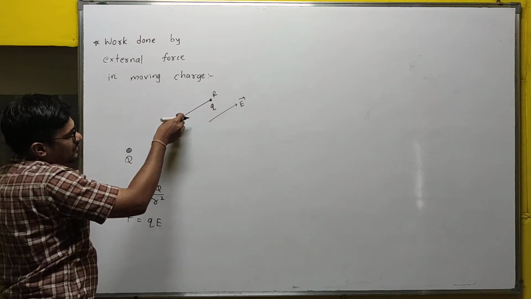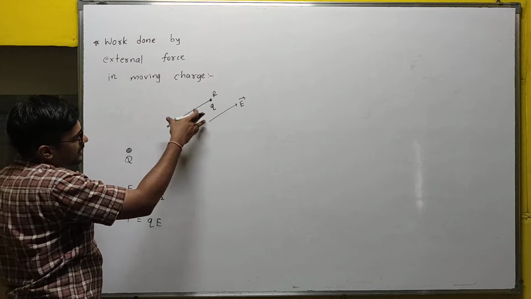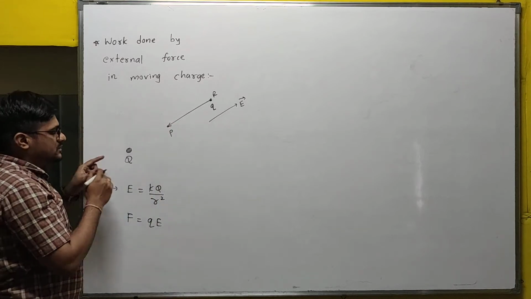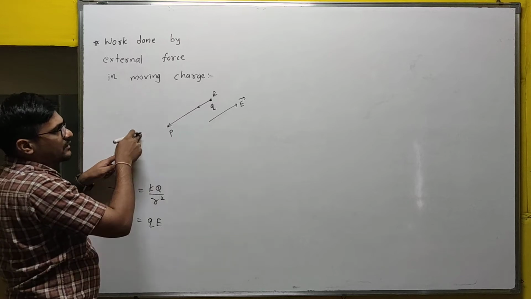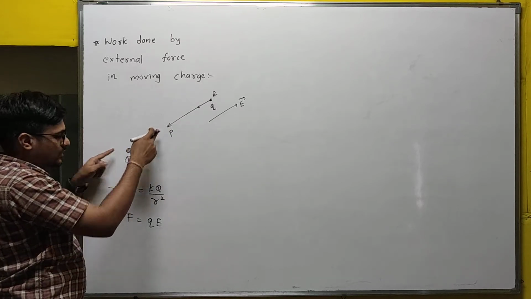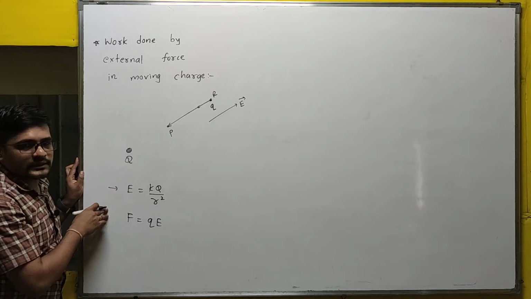Now in this part from R to P, the electric field is varying. Why? The distance of the point from this charge is varying from R to P. So the electric field is varying, so you cannot calculate the work directly.